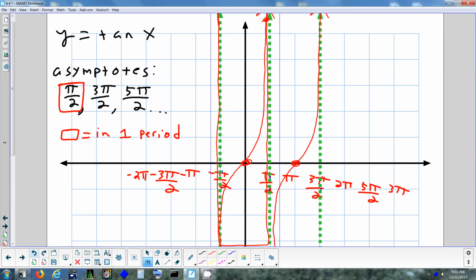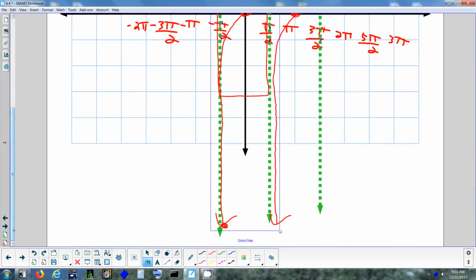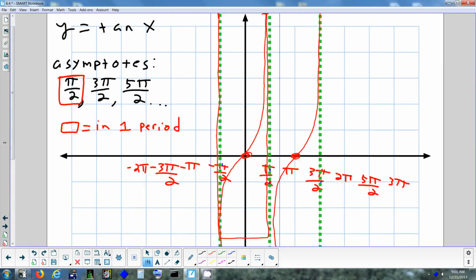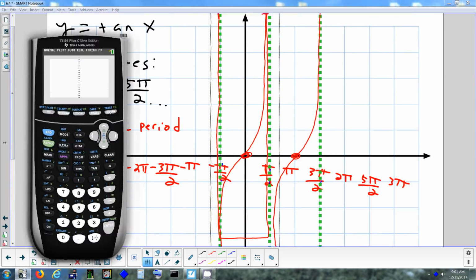So one asymptote per period. Okay, questions on the sketch of tangent? And if you graph it, then you can see the same thing that we just drew. Looks like the graph on the screen has a little bit more of a curve than mine has, but that's the basic idea.